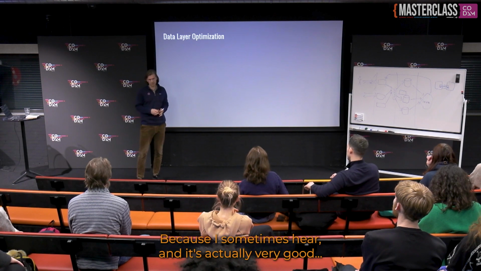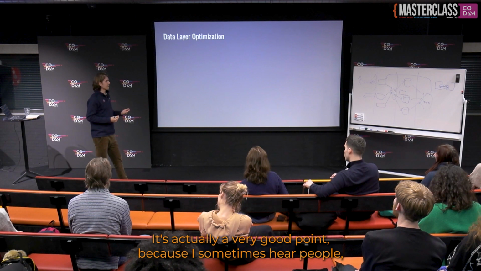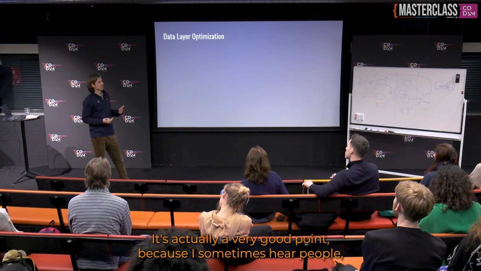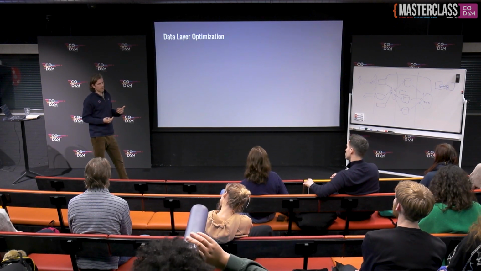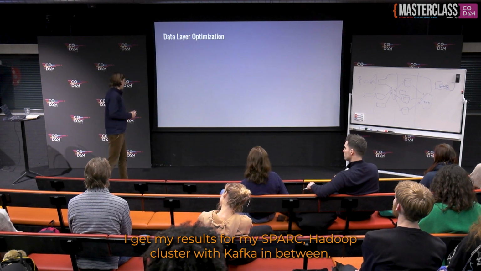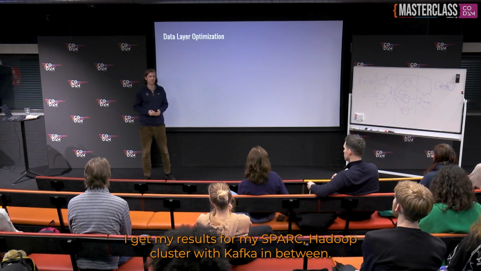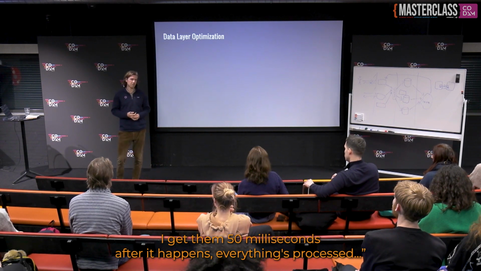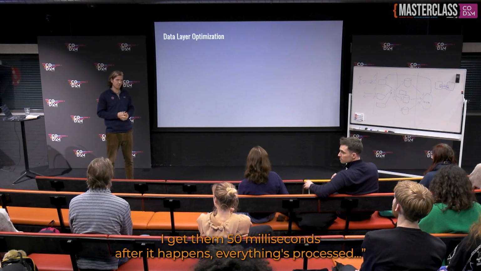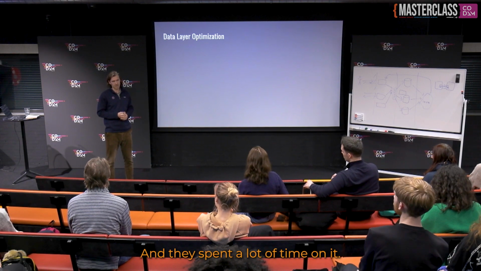Yeah, and it's actually a very good point, because I sometimes hear data engineers bragging, like, I get my results from my Spark Hadoop cluster with Kafka in between. I get them 50 milliseconds after it happened. Everything's processed. It's great, and they spent a lot of time on it.